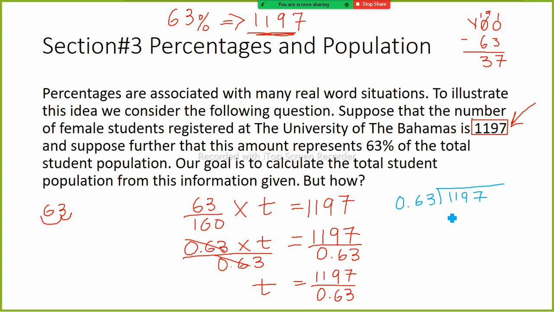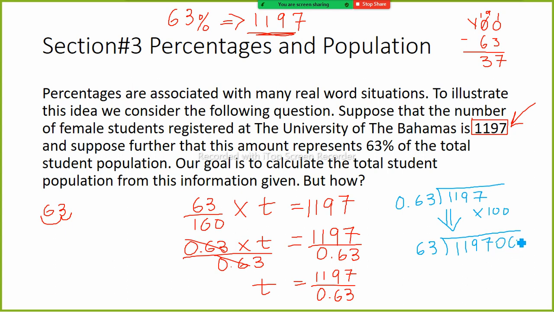So we're going to transform this question, by multiplying by 100, into a question where we have 1,197 divided by 63. So it's going to be 1,197, and then we're going to add 2 zeros at the back.